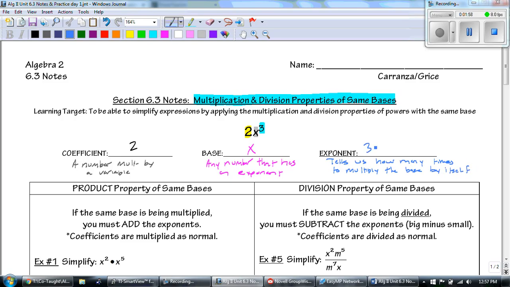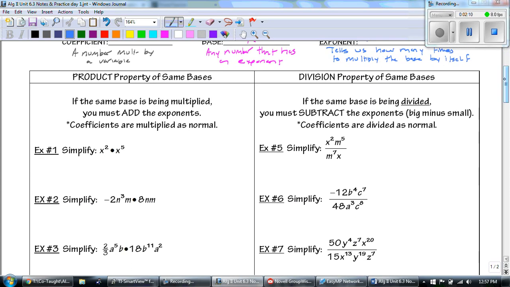Okay, so my exponent is 3, but what that's saying is there's 1, 2, 3 x's in that statement. So we're going to be going through 2 rules today: the product property of same bases and the division property of same bases.